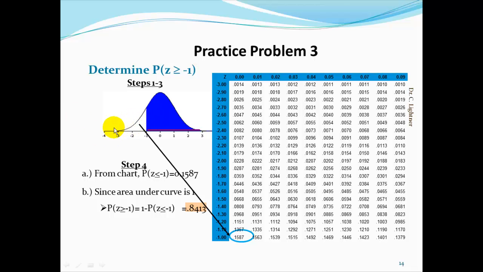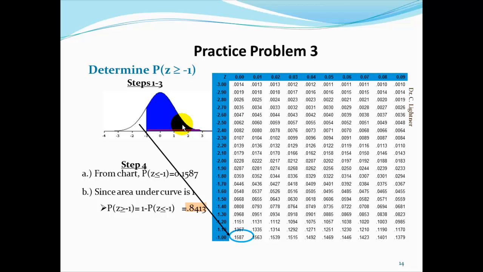If this area is 0.1587 and we know that the total area under the curve is equal to 1, then the shaded area that we want has to be the difference between 1 and that area 0.1587. Another way of thinking of it is the area that the table gives us is 0.1587 plus the area of the shaded region we could call x.